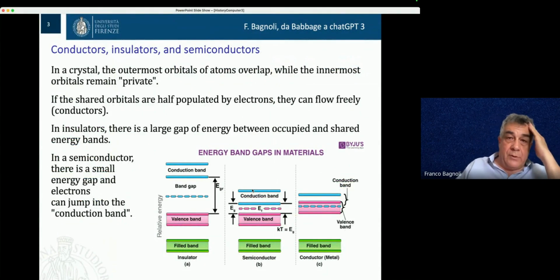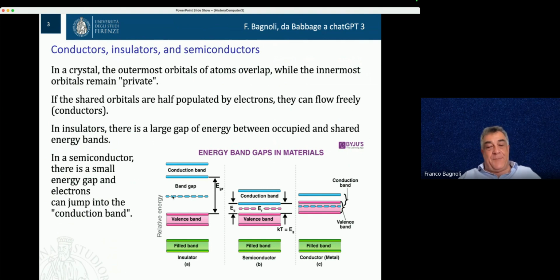So we have to introduce the idea of semiconductors, which is a field which can passionate physicists, engineers.